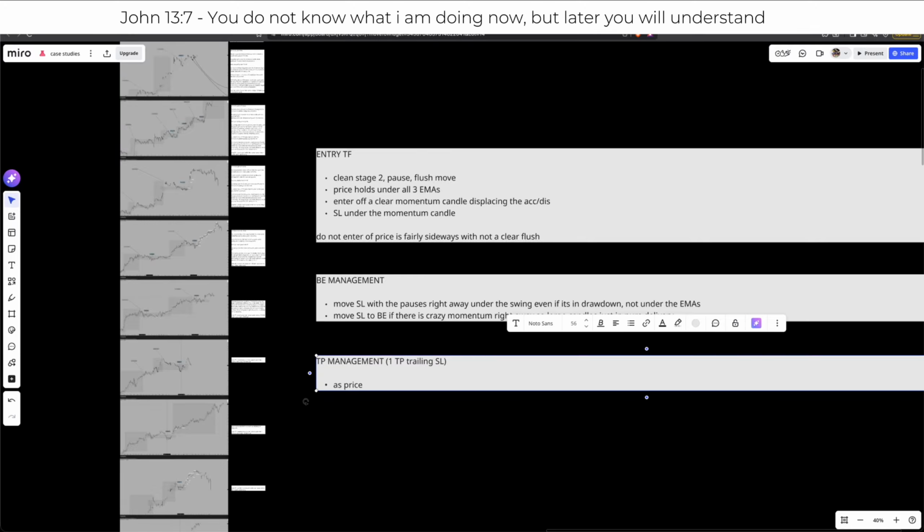As price makes its pauses, trail the stop loss under the 20 EMA in relation to where the candle that validates the pause gets printed. As price makes the pause, trail the stop loss.